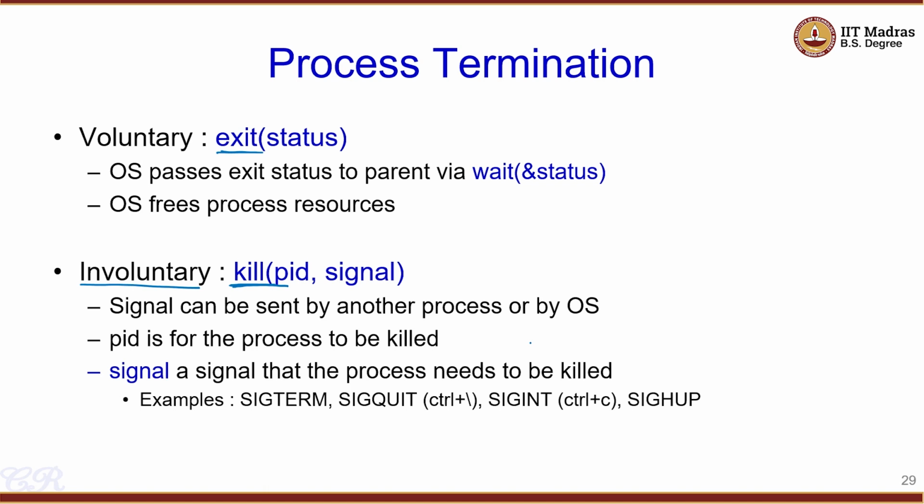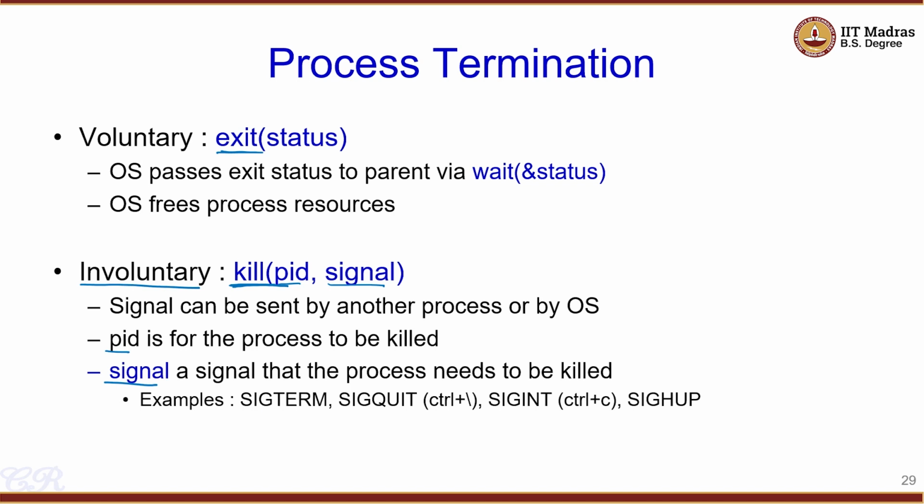Okay. In this involuntary way, for example, the kill takes two parameters, a PID and then a signal. The PID is essentially the process that needs to be killed, that needs to be terminated, while signal on the other hand is the signal used to kill the process.